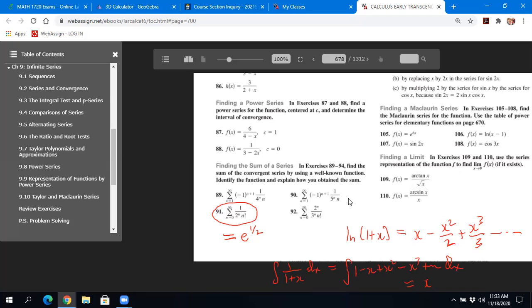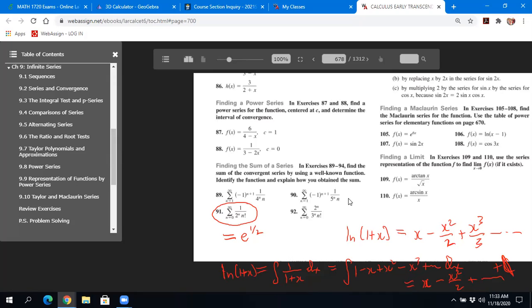If I integrate x, I get x squared over 2, etc. But of course, what's the antiderivative of 1 over 1 plus x, for crying out loud? It's the logarithm of 1 plus x. Do you know what I'm saying? And by the way, you might say, shouldn't you have a plus c in here? That's true, but if you plug x equal to 0 in, you should get 0. So the constant actually goes away.